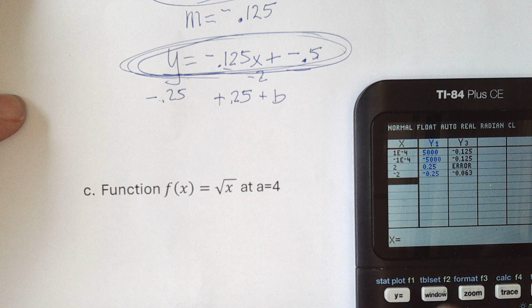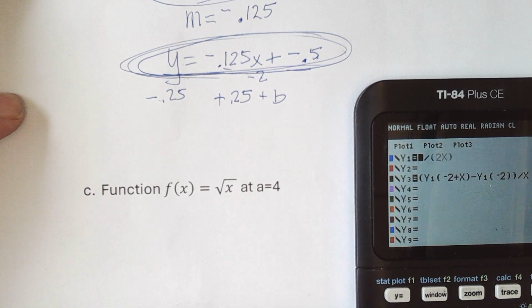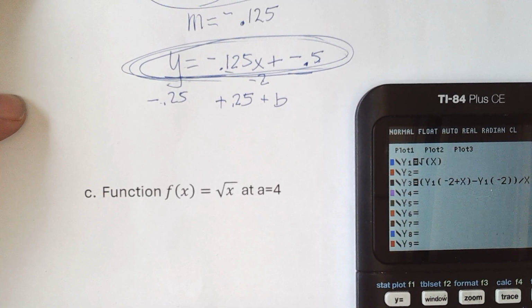So I'm going to go back and change my function to square root of x. There's my function, and I'm looking at 4, so I got to go into my equation and say I'm looking for the slope at 4, and delete the minus and put 4.